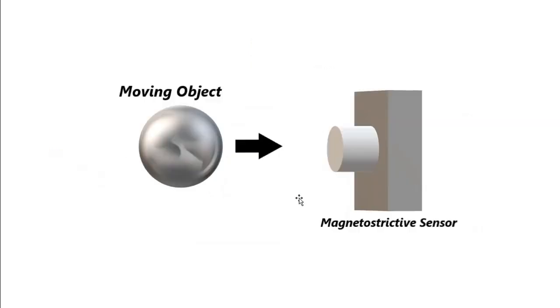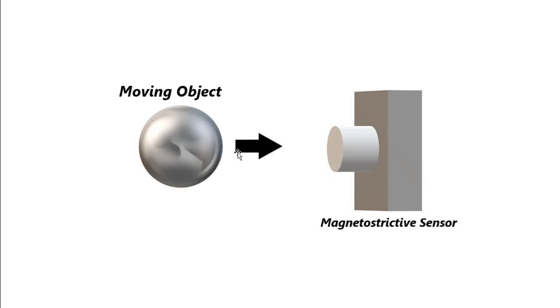This is one arrangement where, suppose there is a moving object whose motion has to be detected. It is placed in line with the magnetostrictive sensor, in its line of action. So when it moves and strikes this magnetostrictive sensor, it gets activated. That's one way.